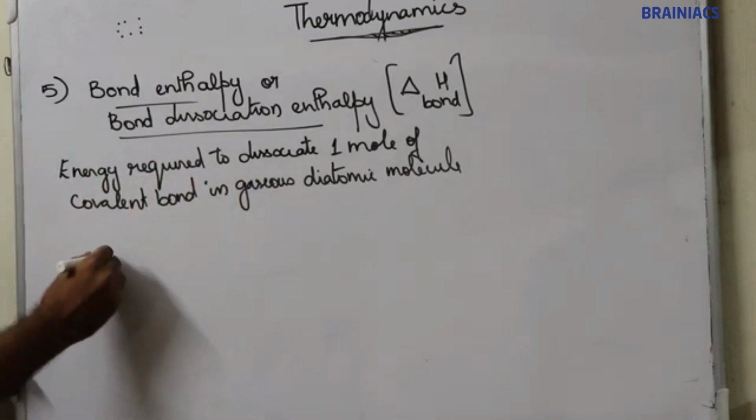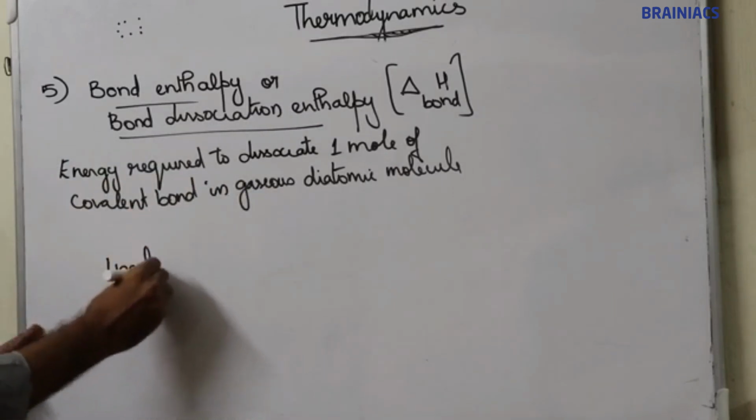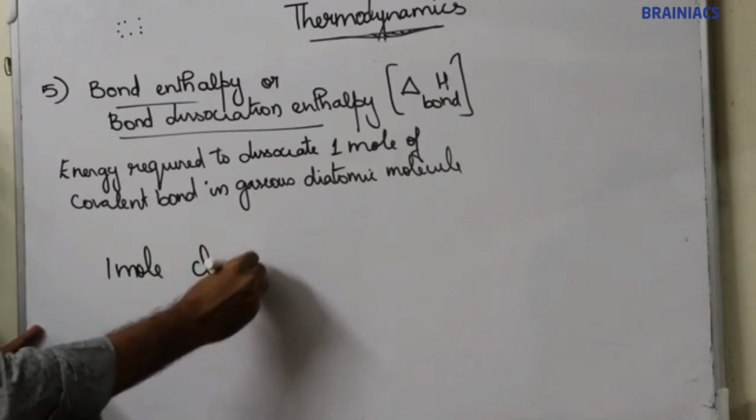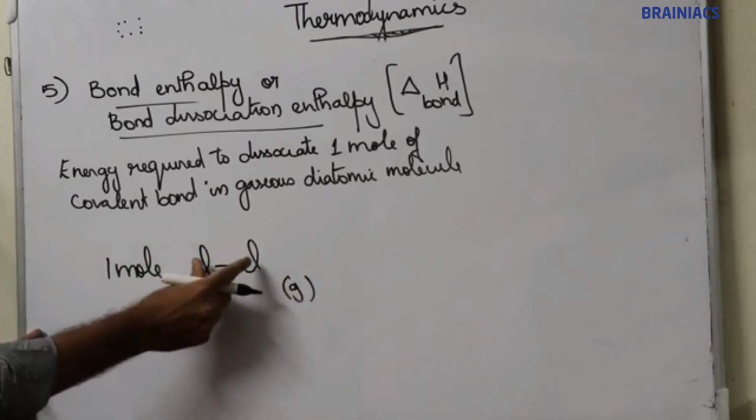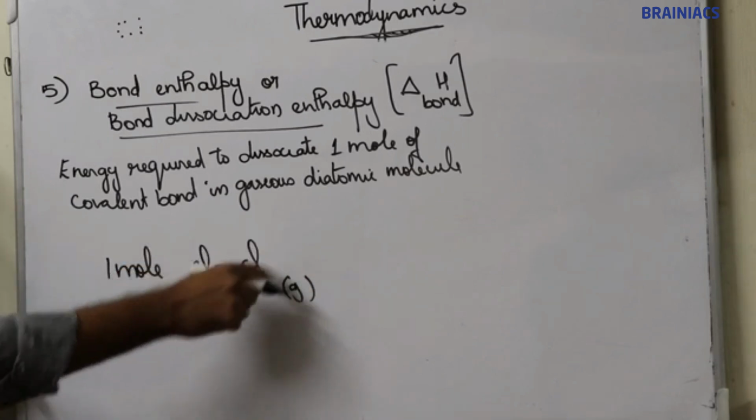Consider 1 mole of chlorine. Chlorine usually exists in gaseous state, and this is a diatomic molecule, a 2-atom molecule.